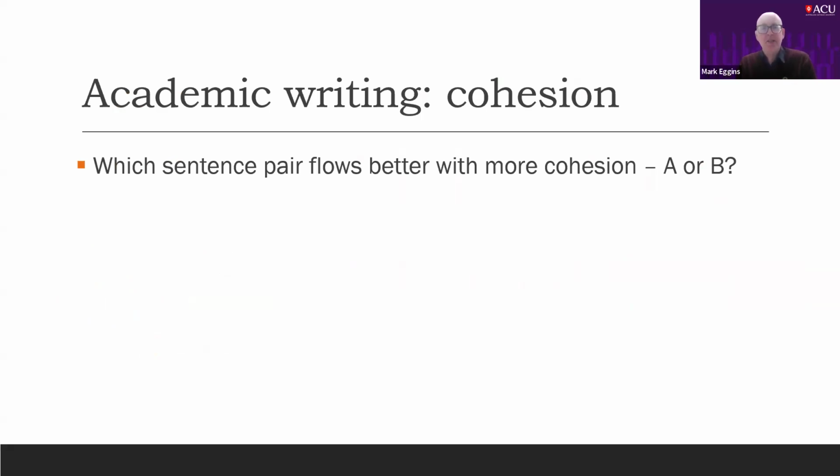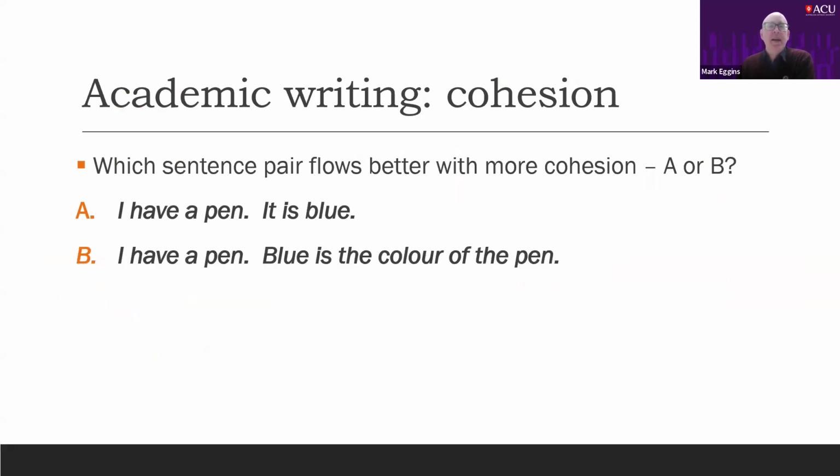There'll be two sentences in each set, and there's two sets. And I want to ask you, which one flows better, A or B? So there's A: I have a pen. It is blue. And there is B: I have a pen. Blue is the color of the pen.